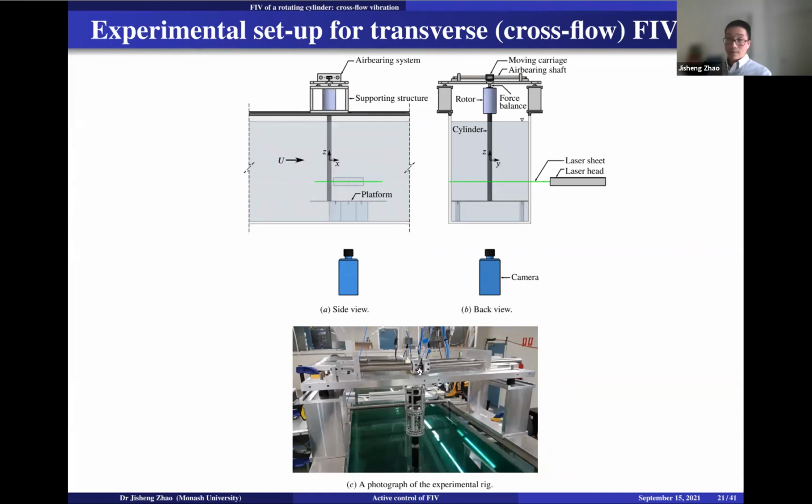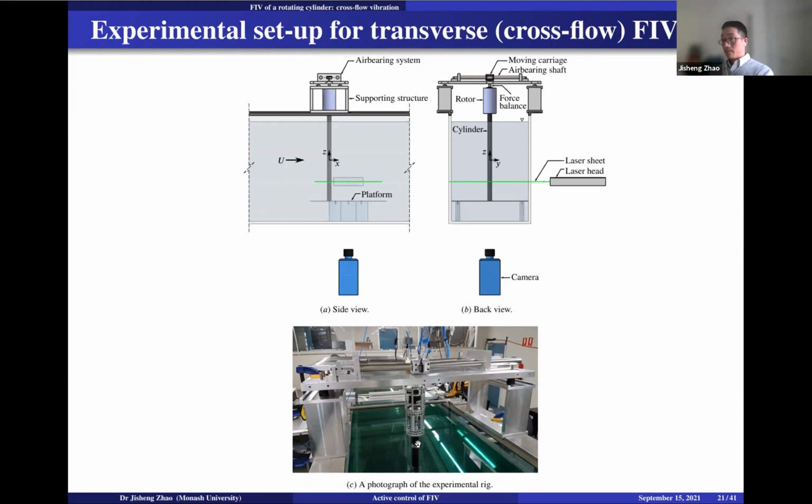Inside the slider, what we have is an air bearing, which has a porous surface. Basically, the compressed air escaping through the porous surface forms a thin air film that works as a lubricant, which is pretty thin, like 20 to 30 microns. All right, and then here we have a stepper motor to provide the rotation motion. That is the model cylinder that we spin.